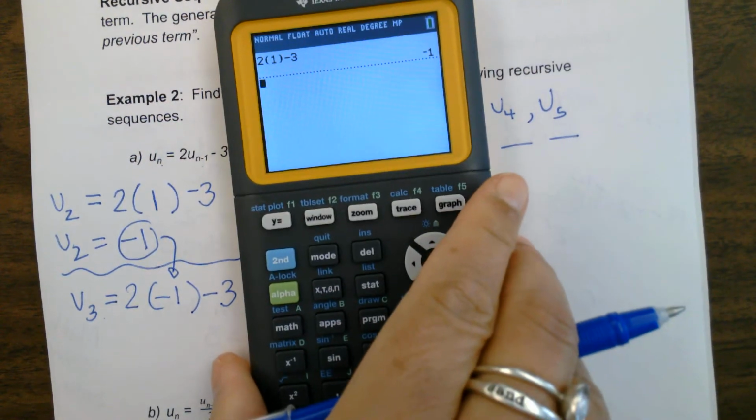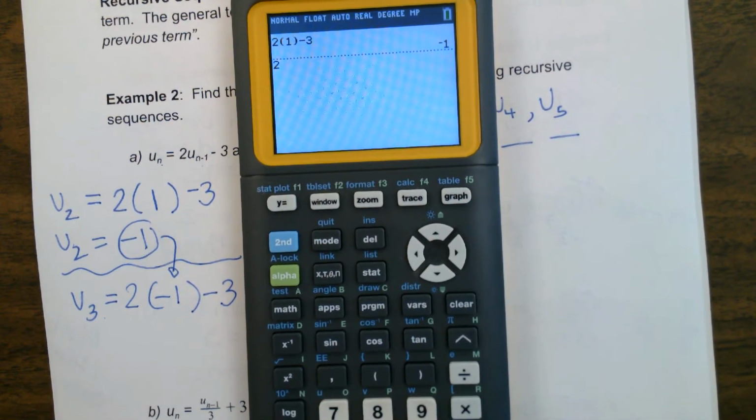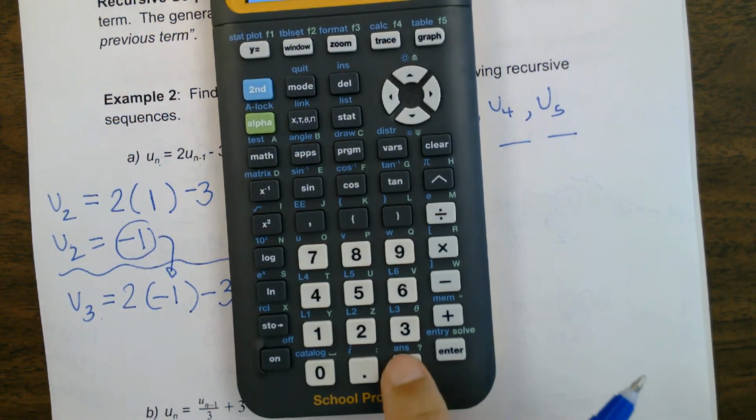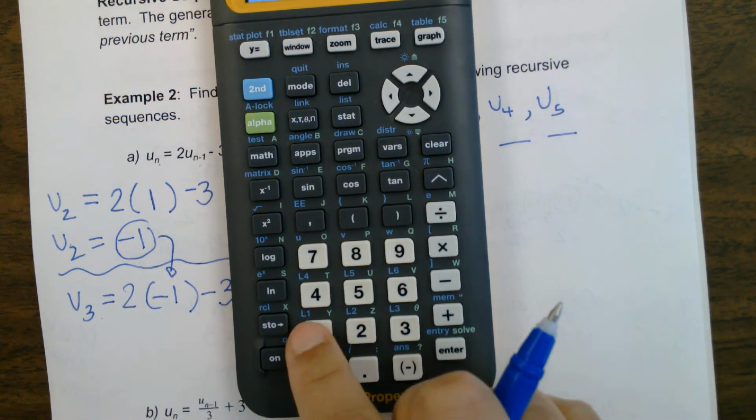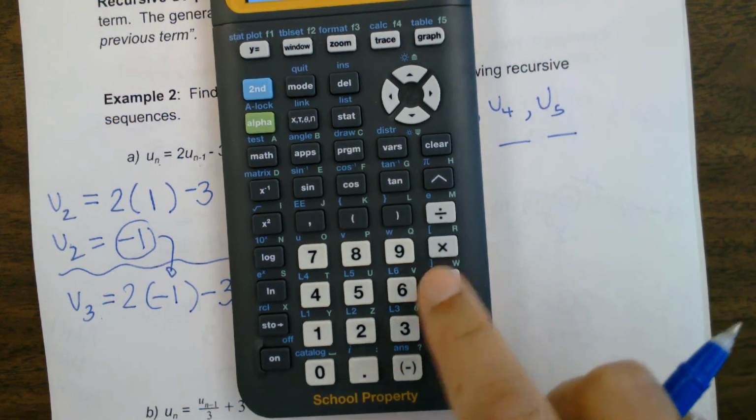So in our calculator, we're going to do 2, open parentheses right here. Don't forget your negative right here, 1. And then minus 3.